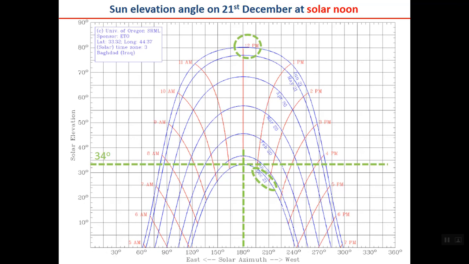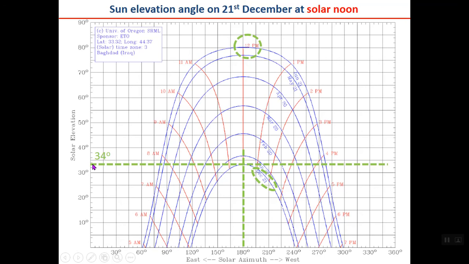But the next question is, what time of the day should we take? There are two ways actually. In some cases, they take 12 p.m., or solar noon, as the reference. So if you come down here, take the cross with the 21st of December and then go to the right, you can see that it is 34. What's the meaning?